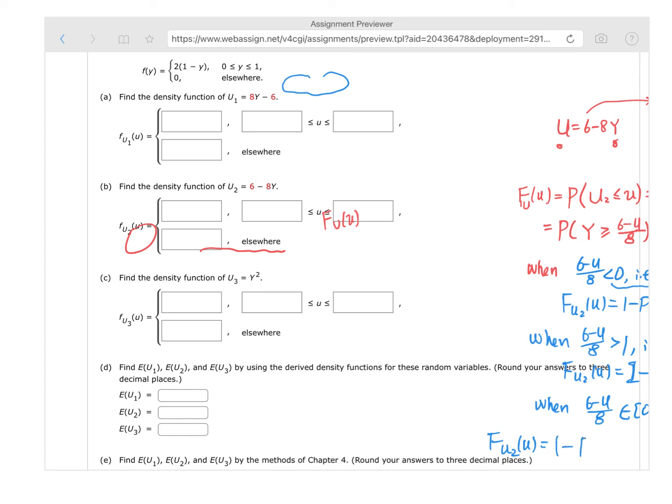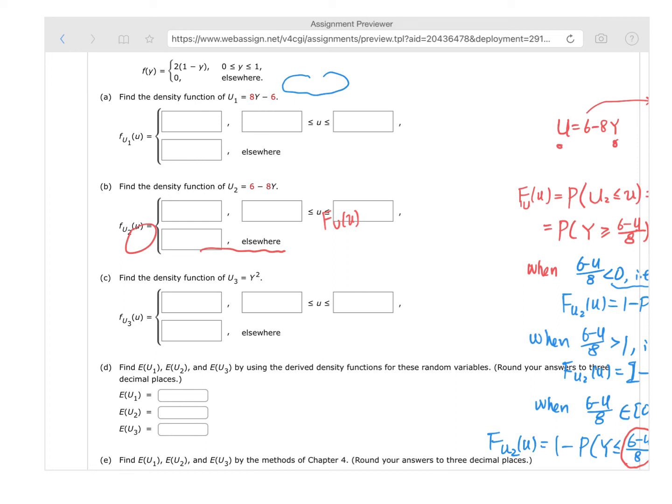So 1 minus the probability that y is less than or equal to (6 minus u) over 8. If you get lost here, please go back and review why we get to this point. I'm just using these results. Keep in mind this is a number between 0 and 1, therefore I need to integrate from 0 all the way up to this number.